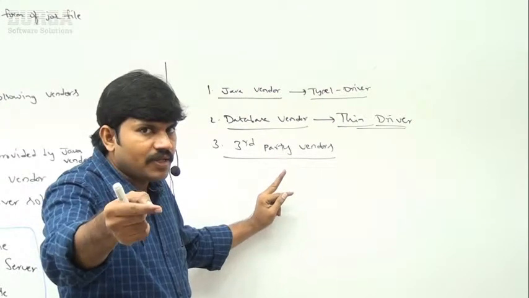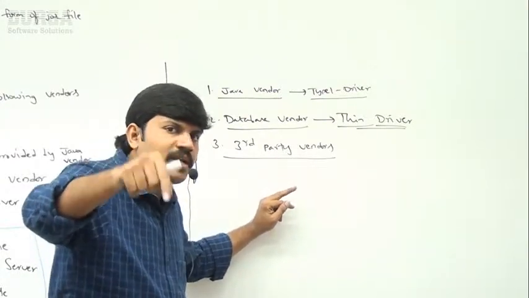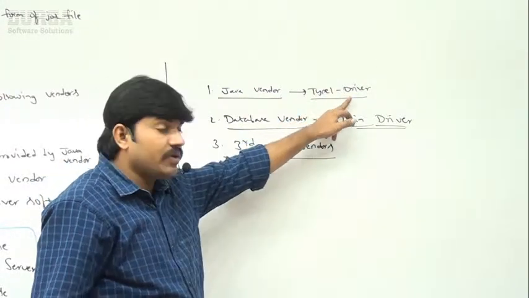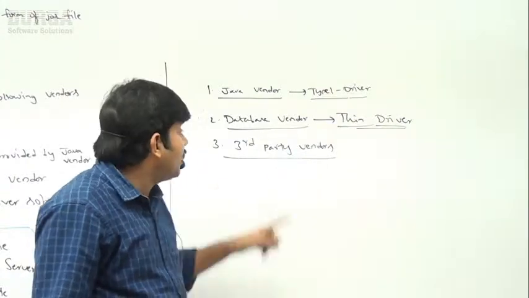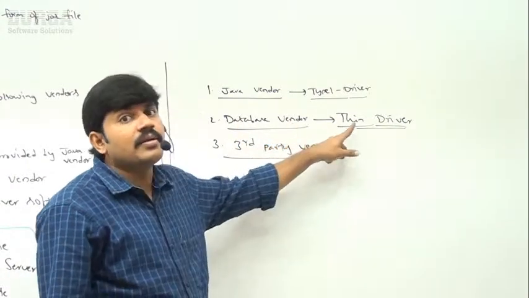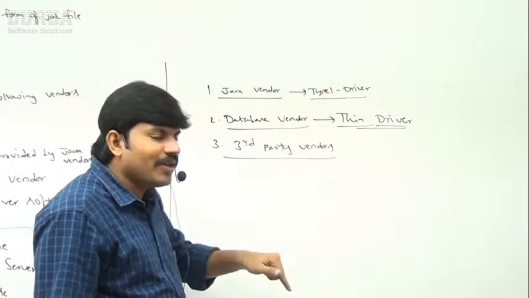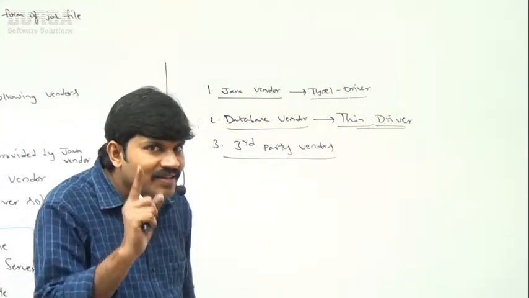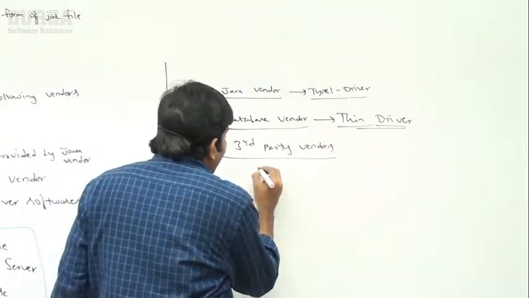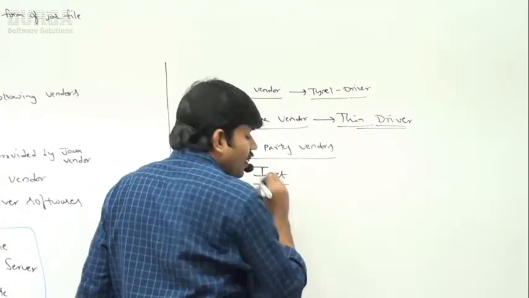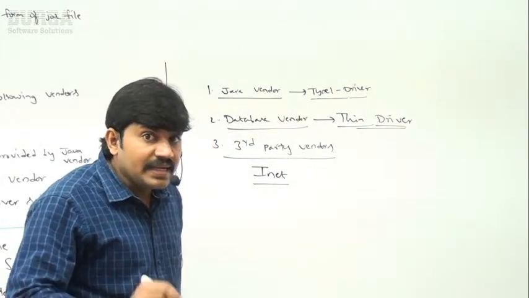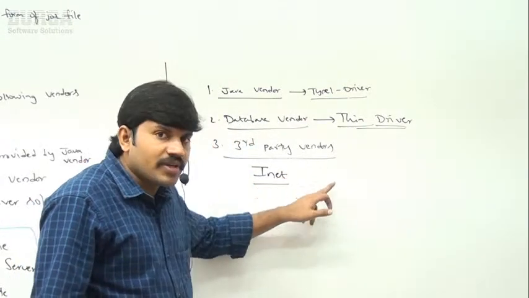Can you give an example for the driver software provided by the Java vendor? Type 1 driver. Can you give an example provided by the database vendor? Thin driver. Can you give an example provided by a third party vendor? Yes, remember that, sir: iNet. What is that, sir? Can you spell out? iNet is a software company.